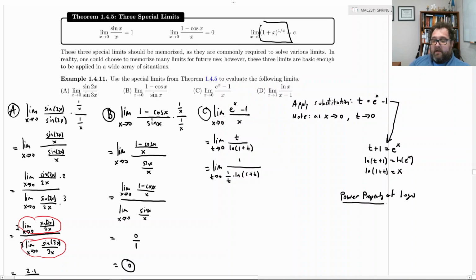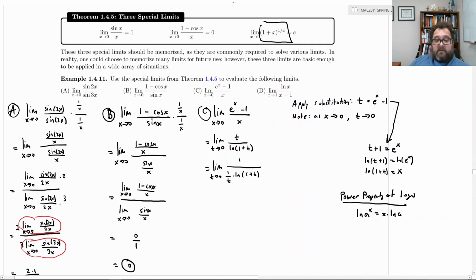The power property of logarithms says natural log of a to the x power equals x times natural log of a. Now usually we're taking the power and putting it out front. But if you have the scalar out front already, you can rewrite that as a power.